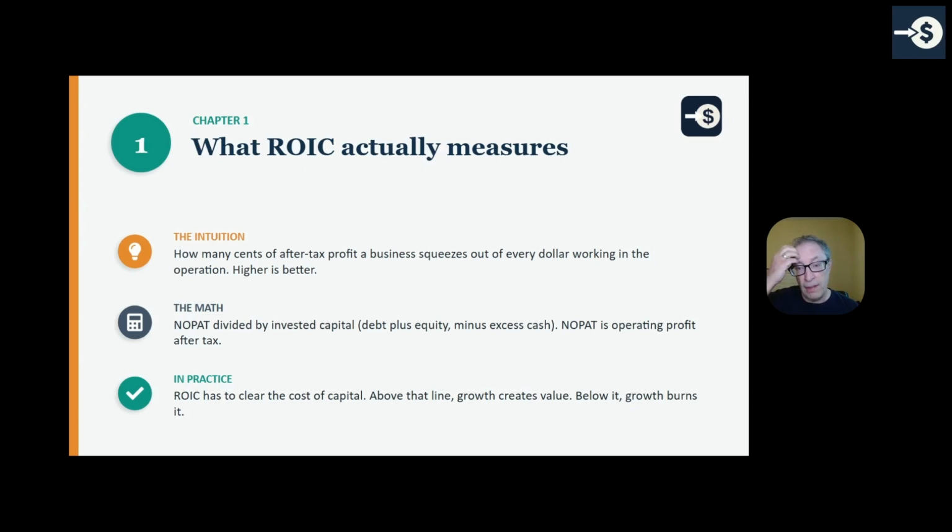There are very nuanced ways to look at ROIC, but we're really looking for an approximate number. You don't need to get down to the nitty gritty, though you certainly can if you want.